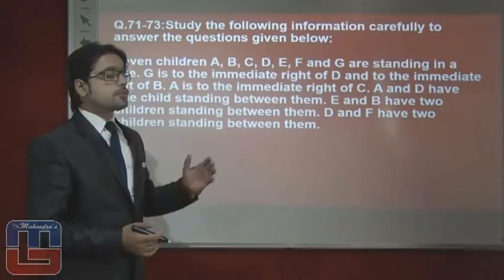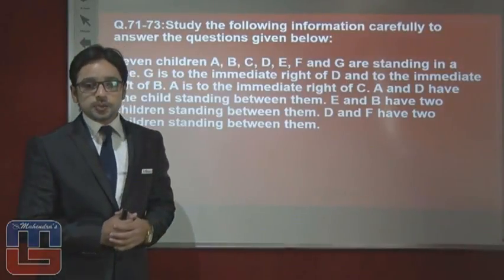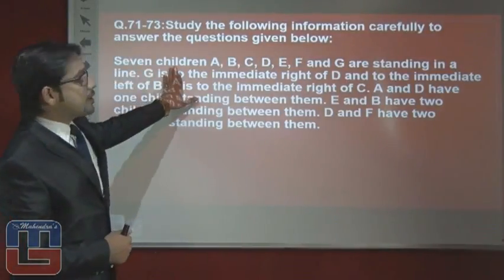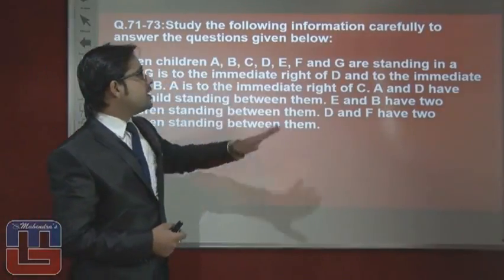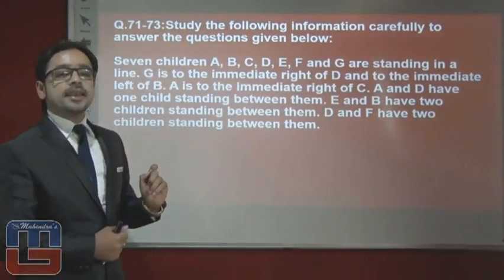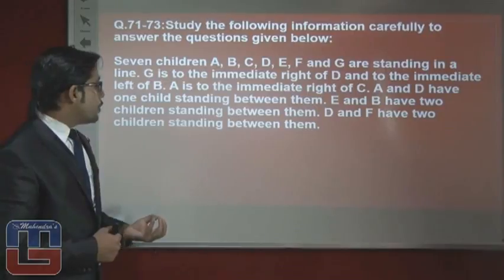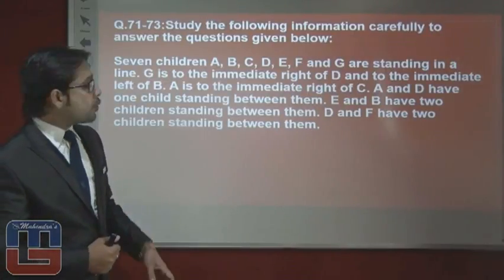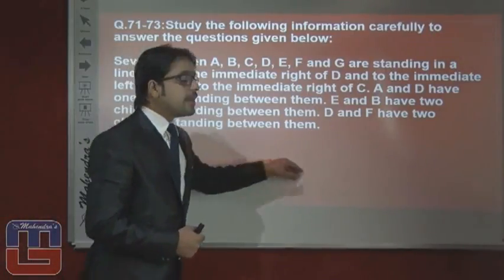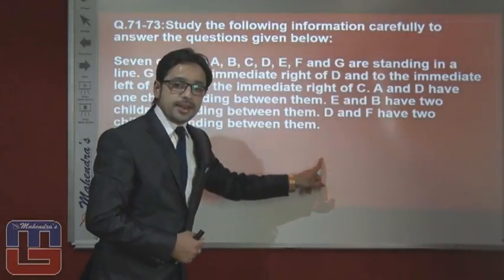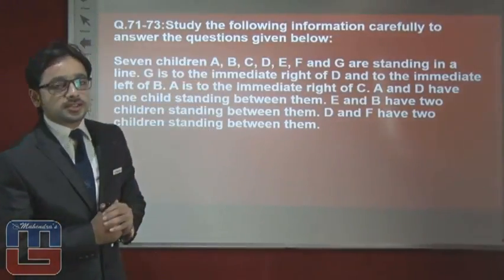This question belongs to sitting arrangement. You can see here 7 children, named A, B, C, D, E, F and G, are standing in a line. It's up to you how you draw the line. You can draw the line horizontally, you can draw the line vertically. It's totally up to you how you manage things.